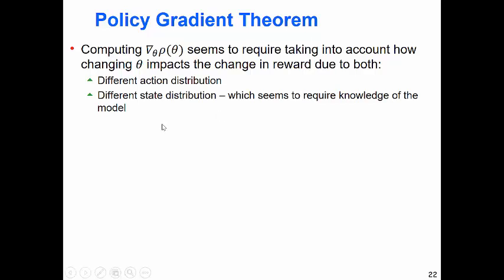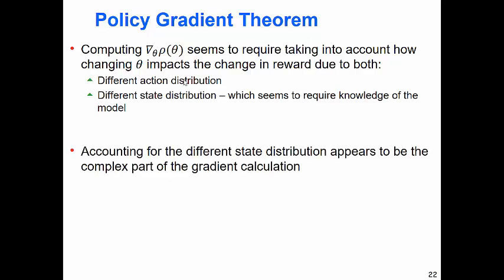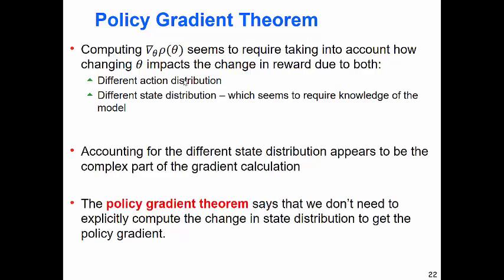So this is really the hard part about computing the policy gradient. The first part is pretty standard, and if our state distribution did not change, this would be a pretty easy problem.